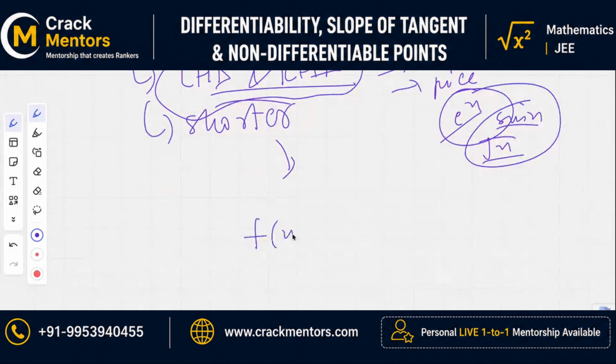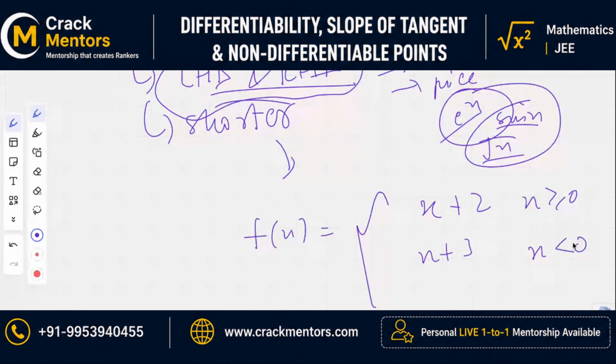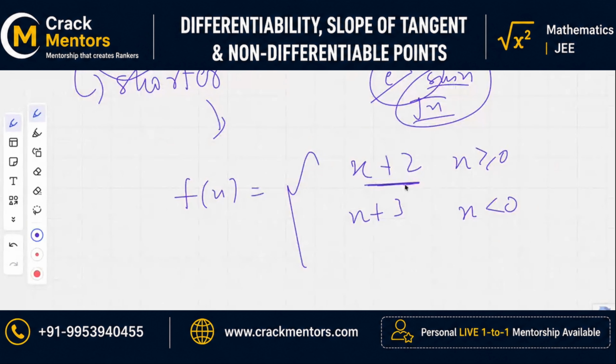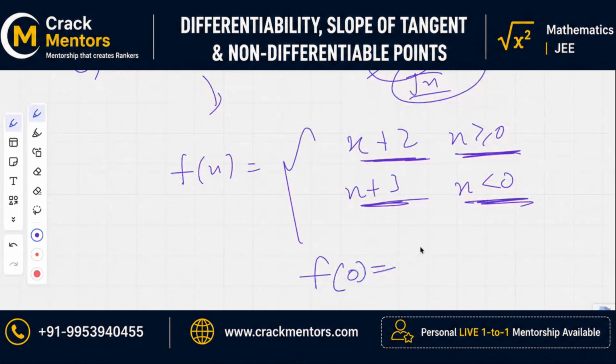So let's say you are having this function: x plus 2x when x is greater than or equal to 0, and x plus 3x when x is less than or equal to 0. Tell me one thing: this function we define for x greater than or equal to 0, and this for x less than 0. If I ask you f of 0, what is that?